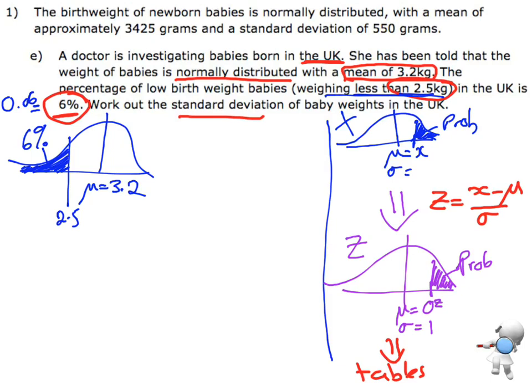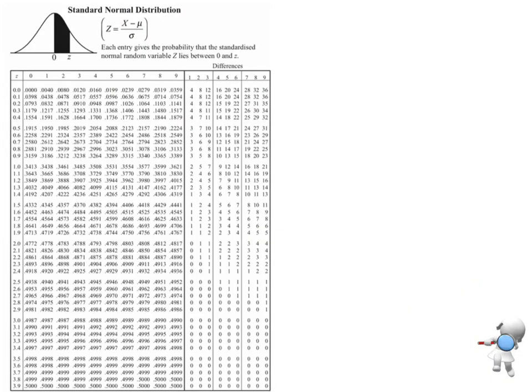Now I need to take this diagram that I've just drawn and compare that to the tables and the diagram on the tables. I'm just going to redraw our diagram here. Our diagram looks like that.